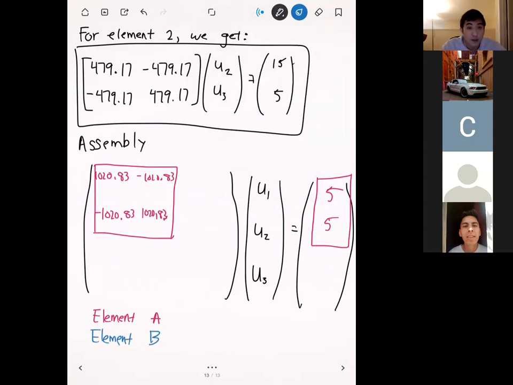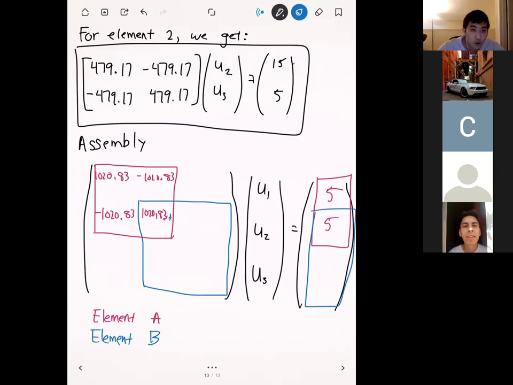Okay. And so now we're going to do element B. And then element B, we're going to do on this box right here. Okay. And so we have a little bit of overlap on the central node here.